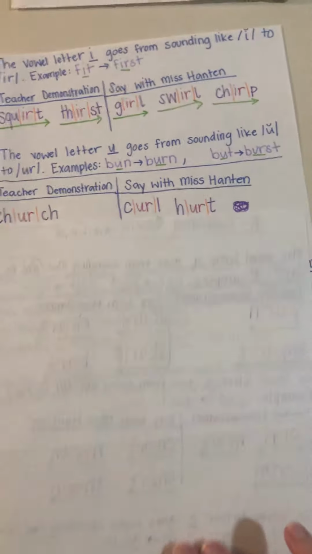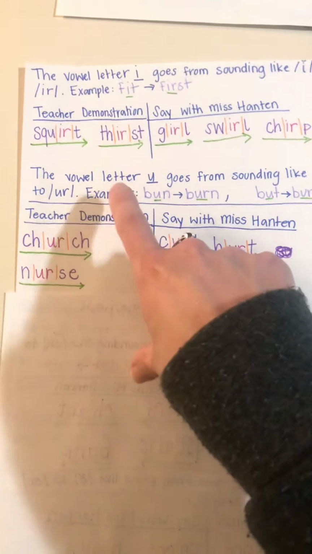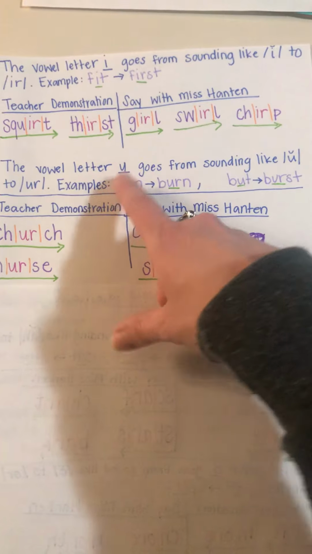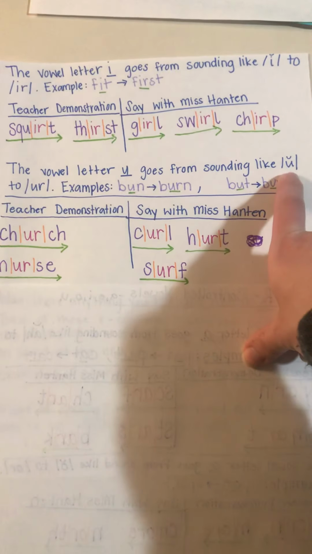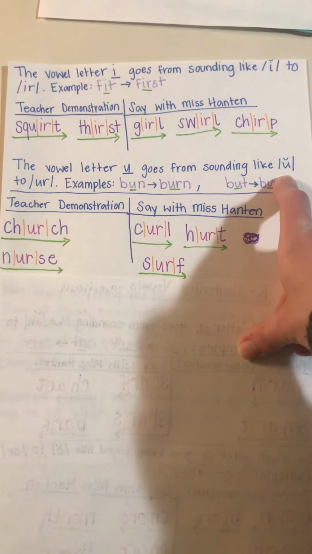Let's go ahead and move down to the vowel R controlled U. Okay, so the short vowel sound for U would be /u/, but if you were to add the letter R behind U in a word, it would change the U sound to /er/. An example would be if I had bun and I added an R, I would get burn.